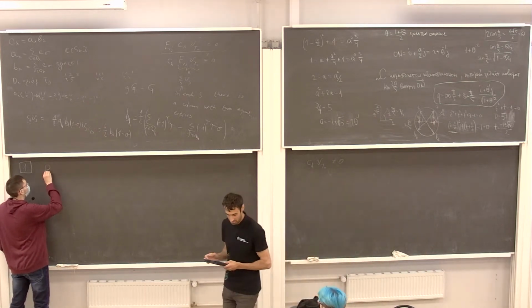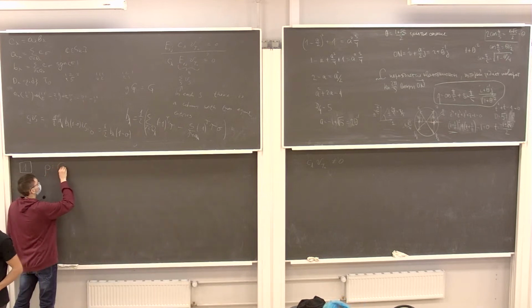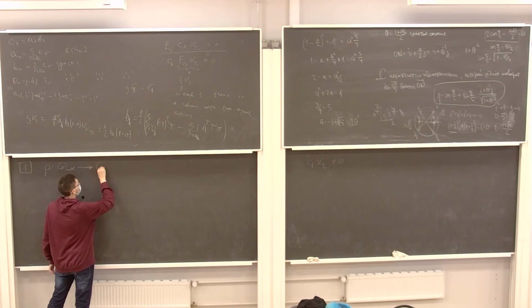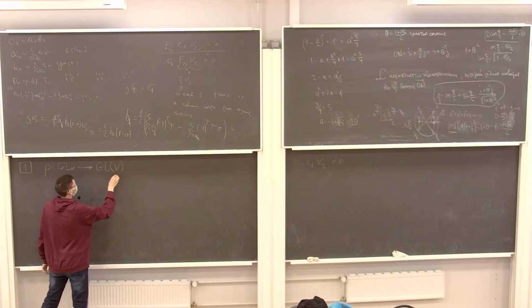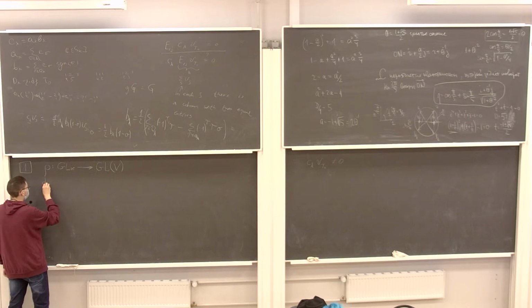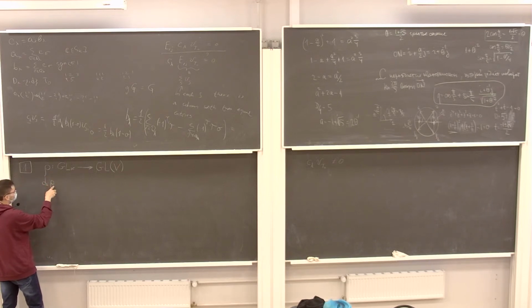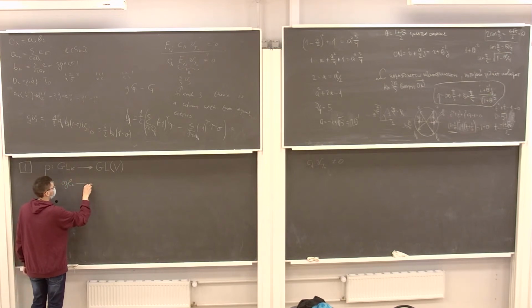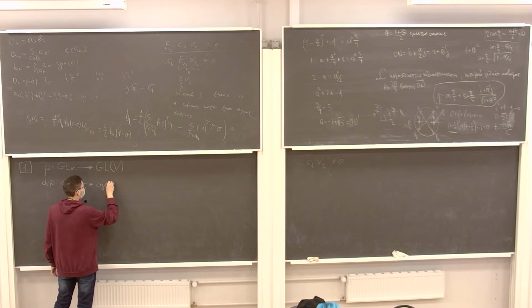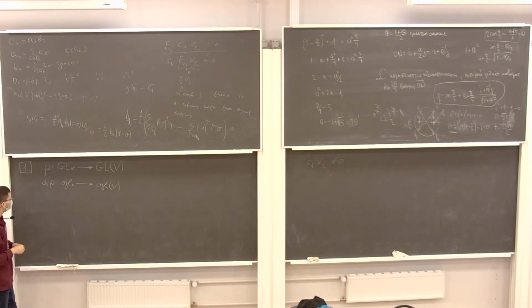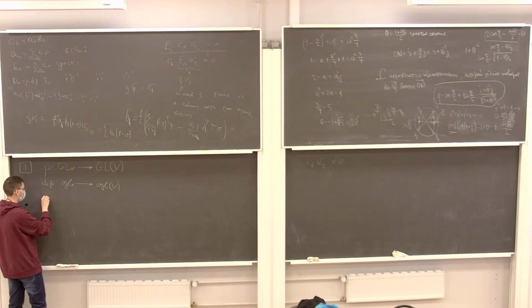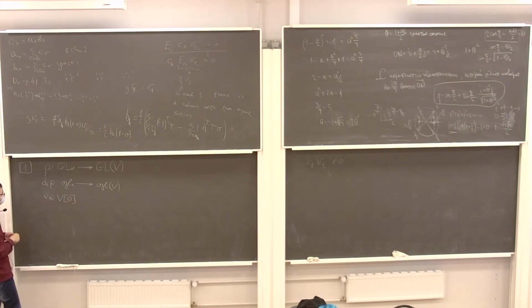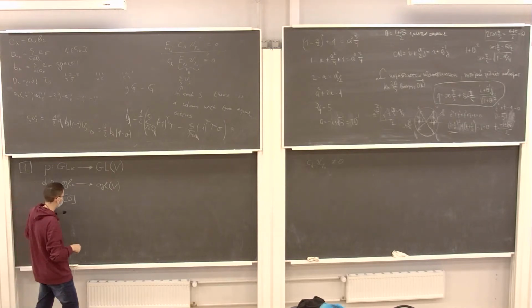Denote the representation by rho. We know the representation of the Lie algebra is such. We have some vector v. What is this vector?